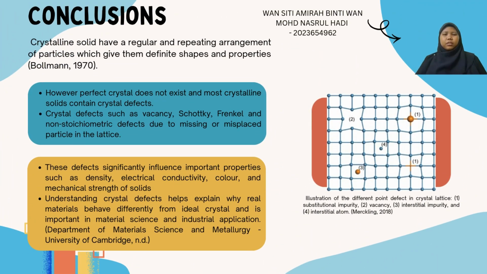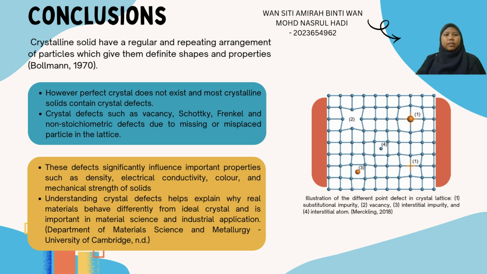In conclusion, although crystalline solids have a very regular structure, in reality no crystal is perfect. Most crystals contain defects, which are small irregularities in the arrangement of particles, known as crystal defects.